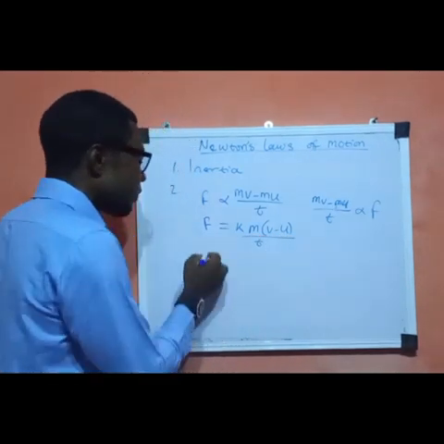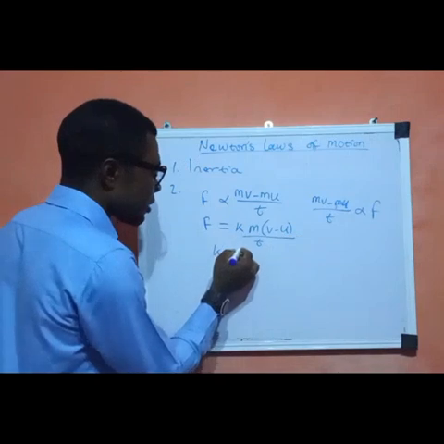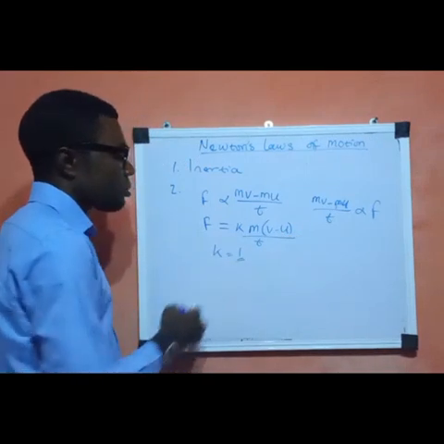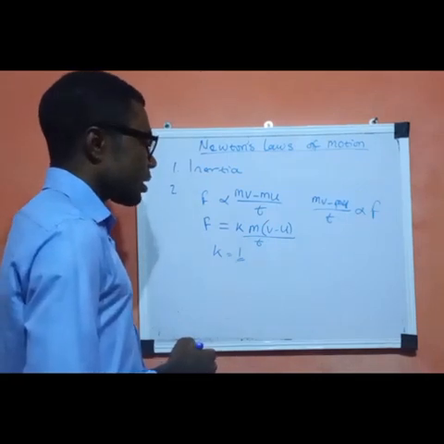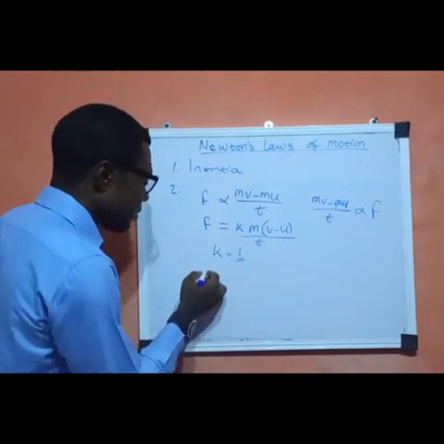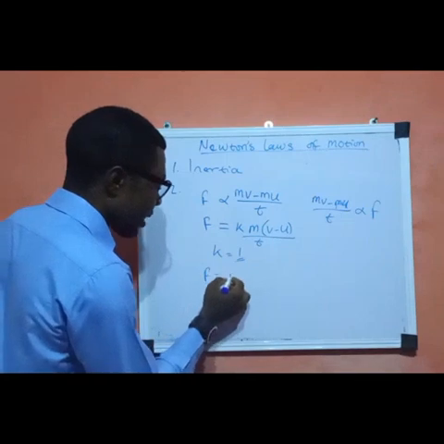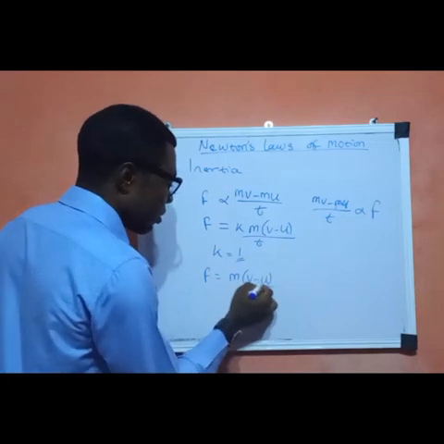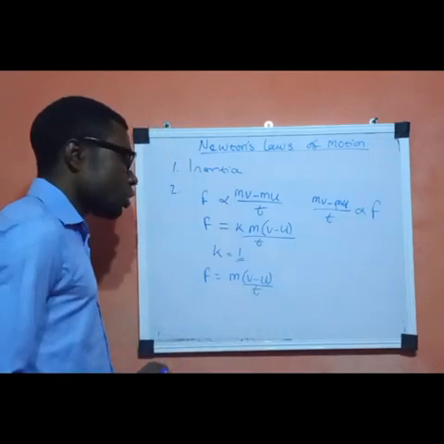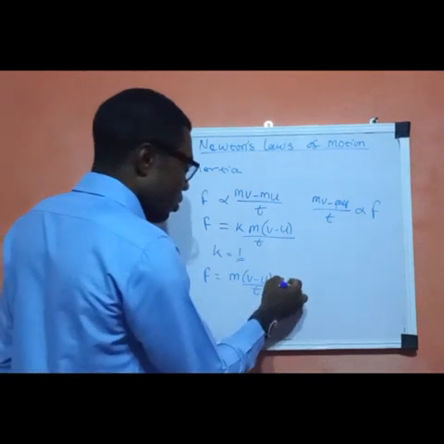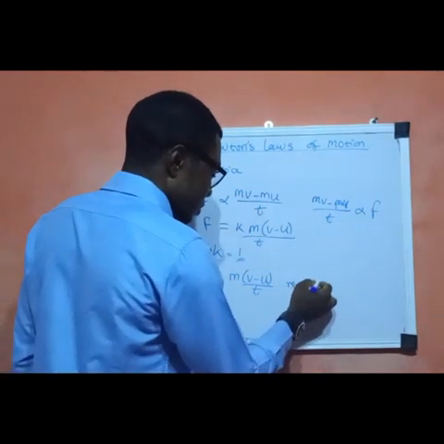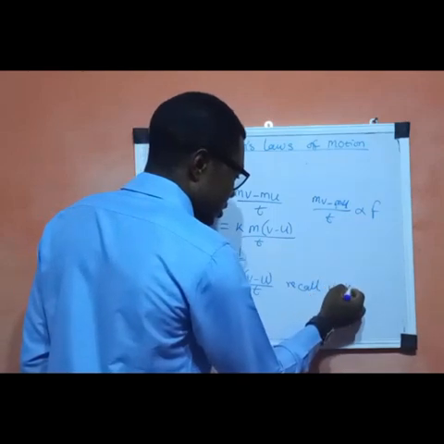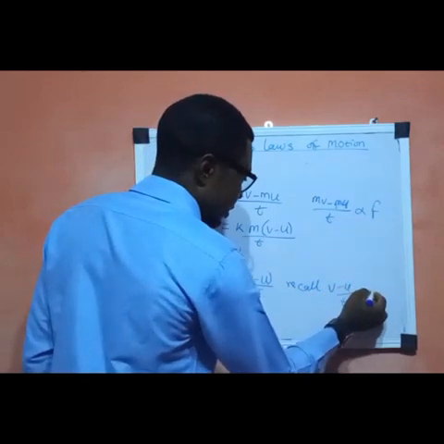If our constant k is taken to be unity, that is taken to be 1, then the force is equal to mass times change in velocity all over time. And we recall that change in velocity over time is acceleration.